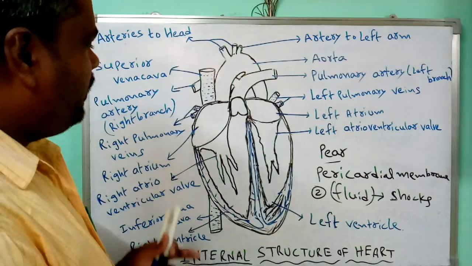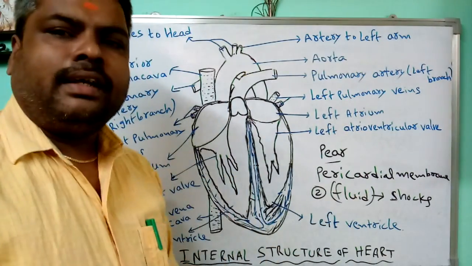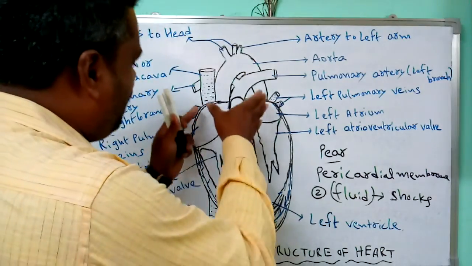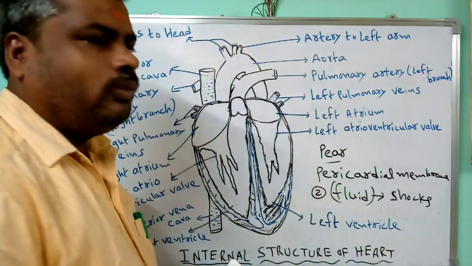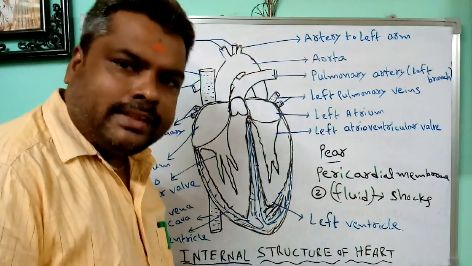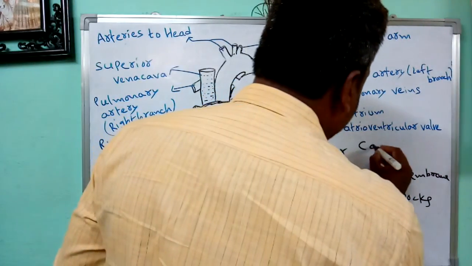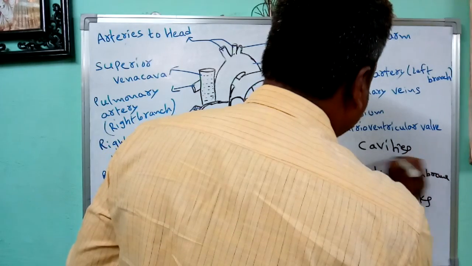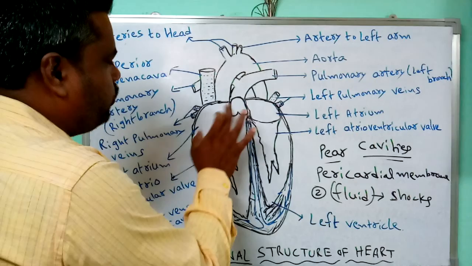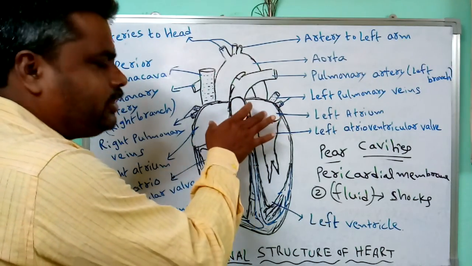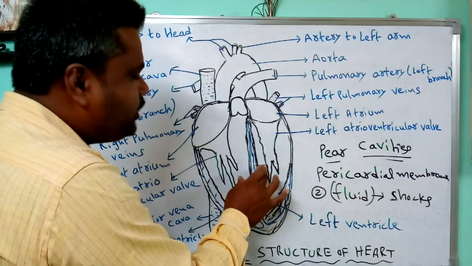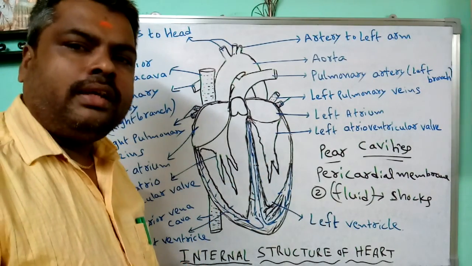Next, when we come to the internal structure, the heart is divided into four grooves or cavities. Generally, these two are the upper cavities, and these two are the lower cavities.